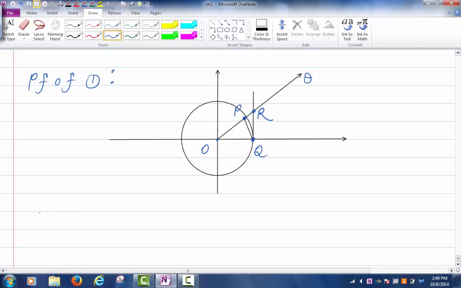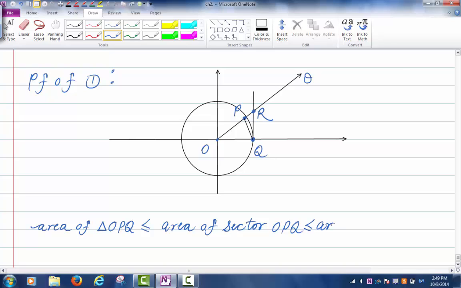If I now say that the area of the triangle OPQ is less than or equal to the area of the sector OPQ, because the sector OPQ includes the triangle OPQ, and that's less than or equal to the area of the triangle ORQ, right?